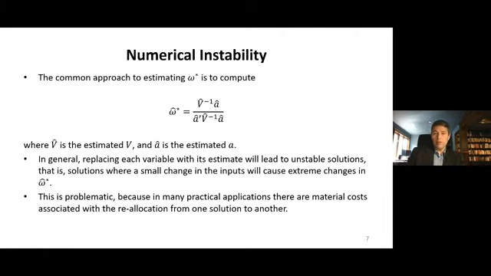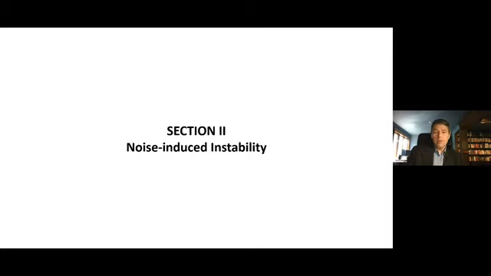For instance, if we are replacing it with the vector of expected returns, we just cannot forecast returns with high precision. So when we replace these two inputs in the convex optimal solution, what we get is that we are operating with very noisy inputs. Let's see what this means in practice. The first thing I'm going to discuss is noise-induced instability, and I need to define this properly.